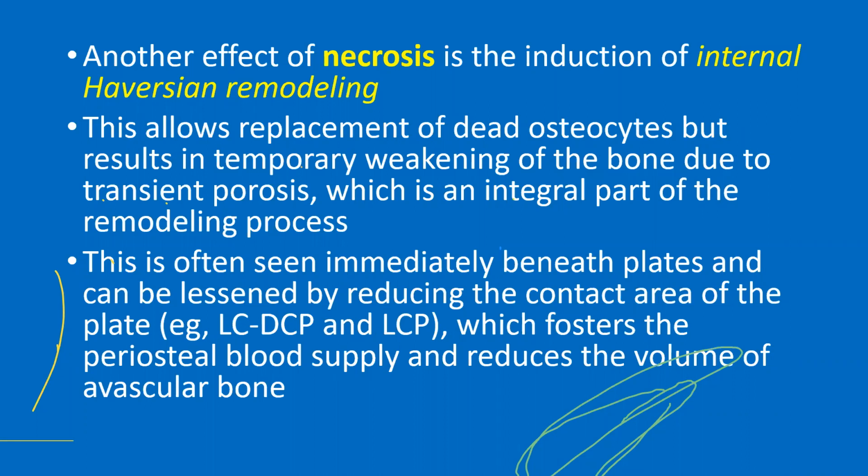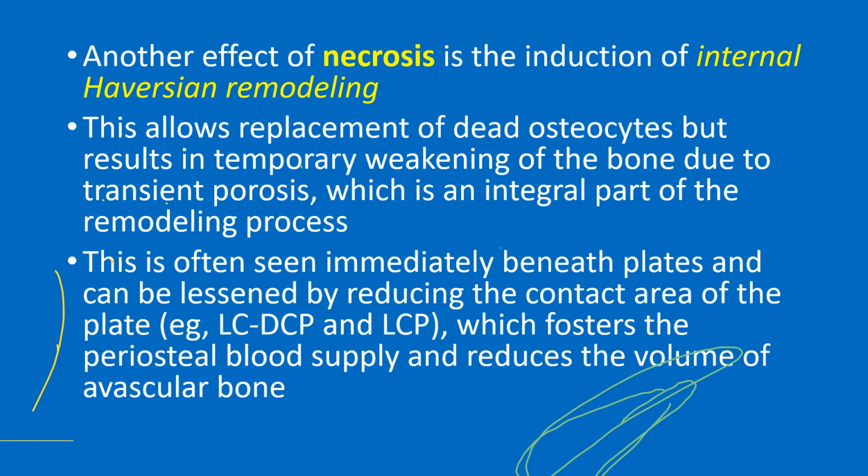Always, I repeat this, this is often seen immediately beneath plates. And for this reason, the AO people have created minimal contact plates to prevent this from occurring, and it can be lessened by reducing the contact area of the plate, which fosters the periosteal blood supply and reduces the volume of avascular bone.